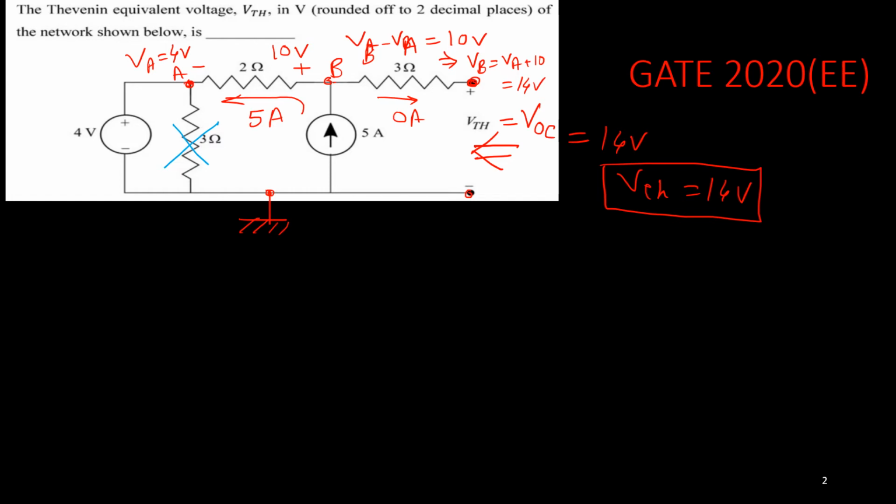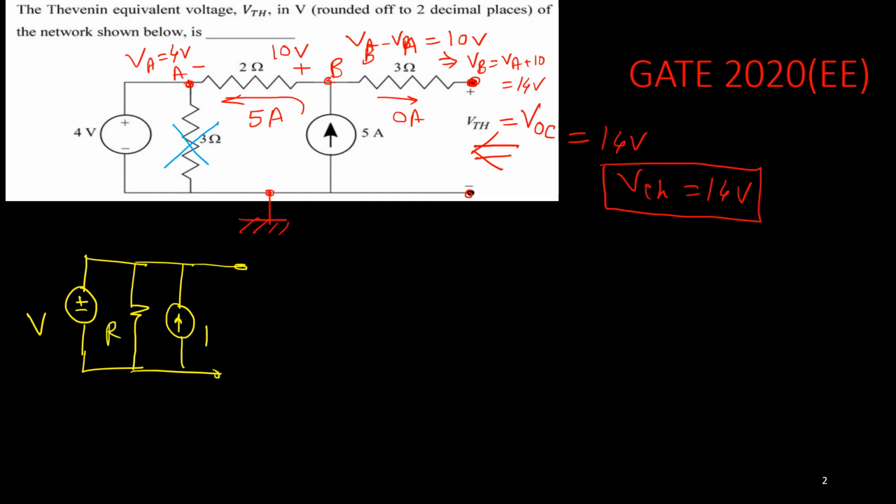So you see, if you have a pure voltage source V, then anything connected across it, whether it's a resistance or a current source, say this is R, this is I, to analyze the rest of the circuit we can ignore these two, because at these two ends the potential is always going to be V only.